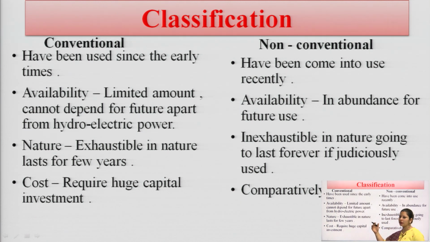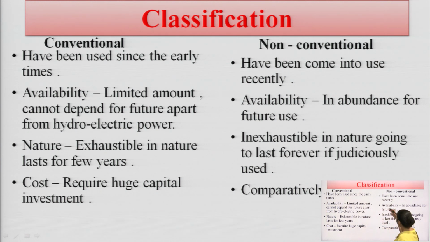This conventional resource is used from the very starting era. If we are talking about availability, it is having a limited amount and we cannot depend on it for our future, and we cannot store this conventional source for our future generation. This is the basic difference.